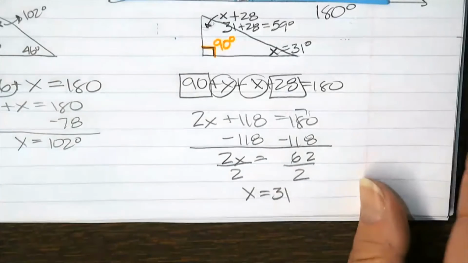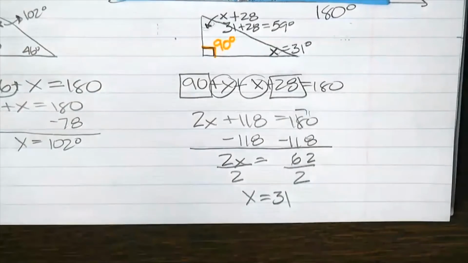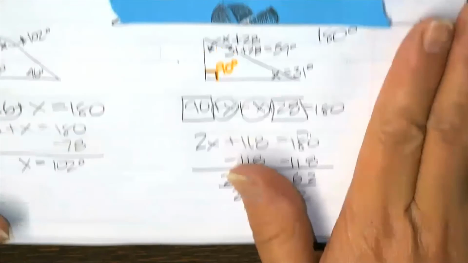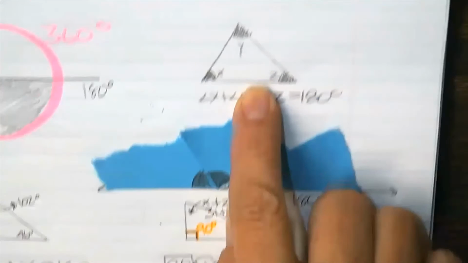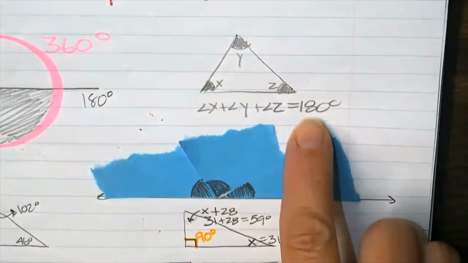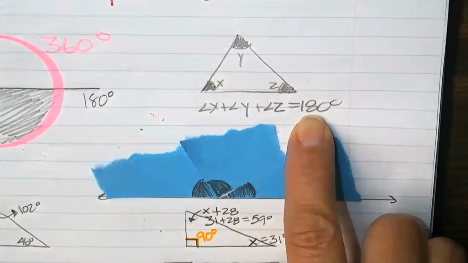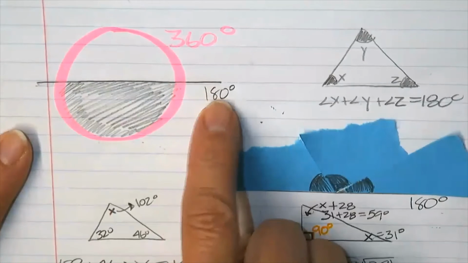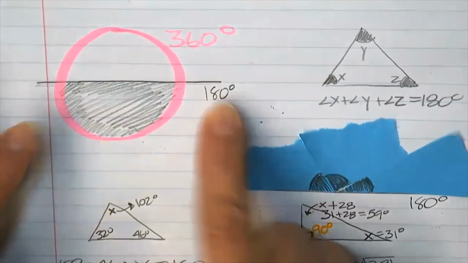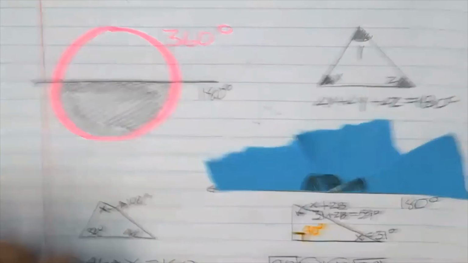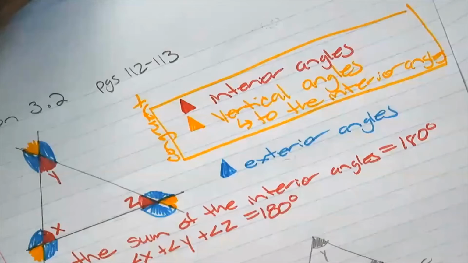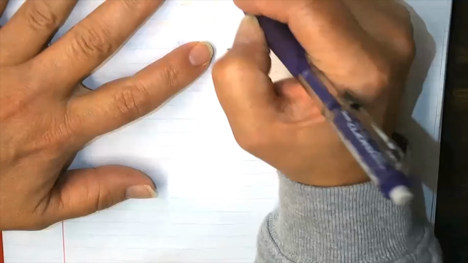Okay, now we're going to combine the ideas that the interior angles of a triangle are 180 degrees, but a straight line is also 180 degrees. We're going to combine these ideas.